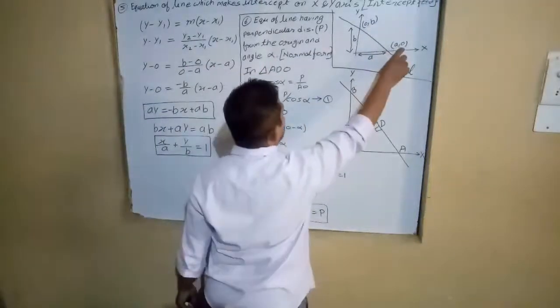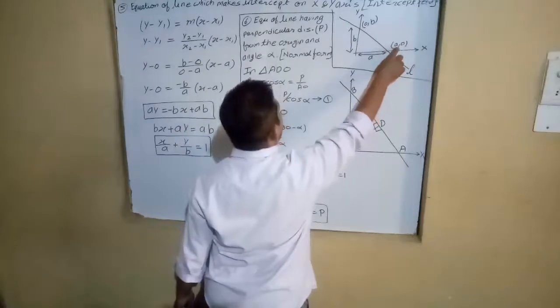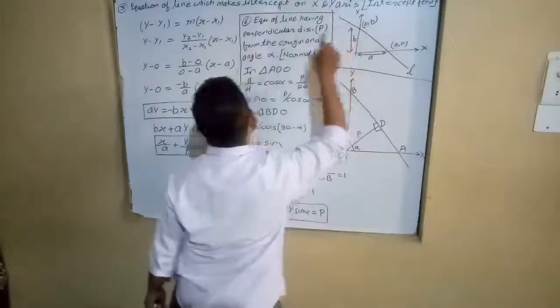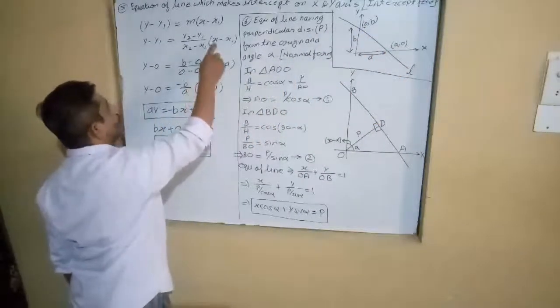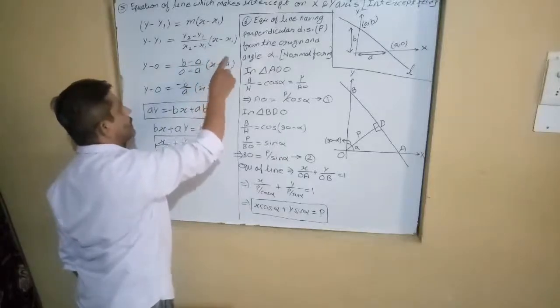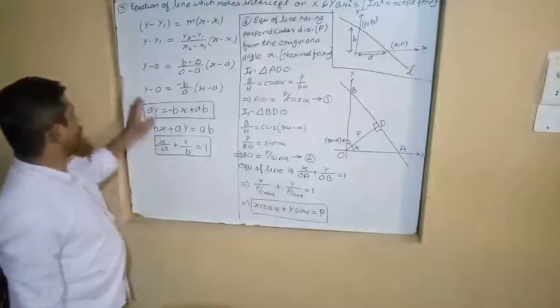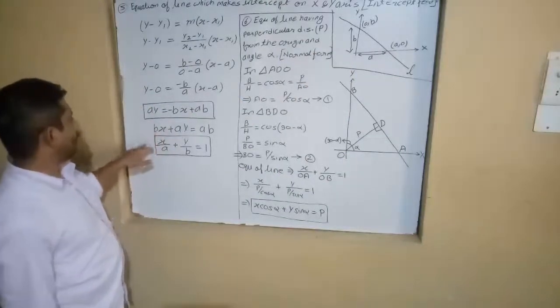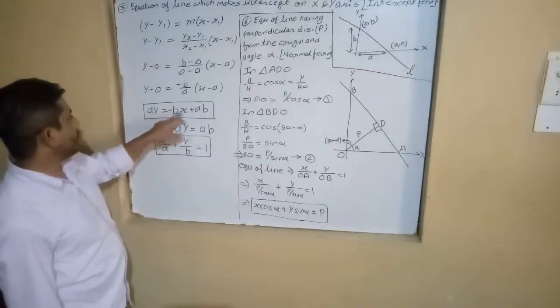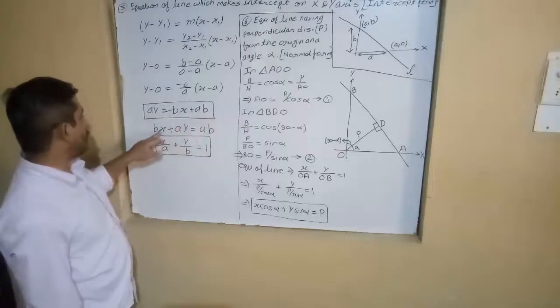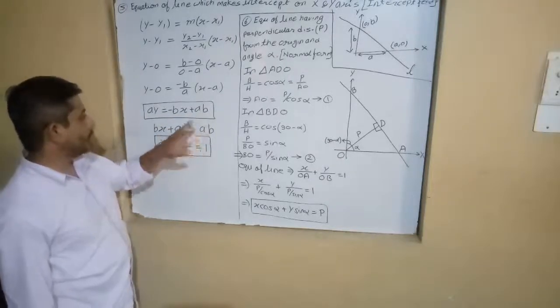What is the value of x2? x2 is equal to 0 and x1 is equal to a, so 0 minus a into x minus x1, so x minus, what is the value of x1 here? a. So when we solve, we will get ay is equal to minus bx plus ab, or bx plus ay is equal to ab.